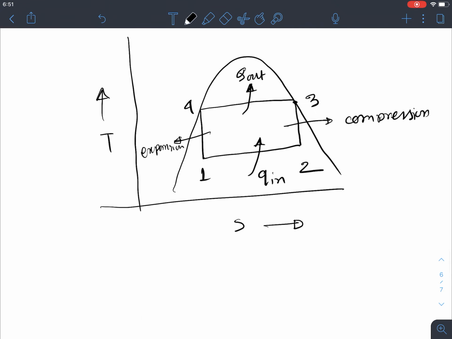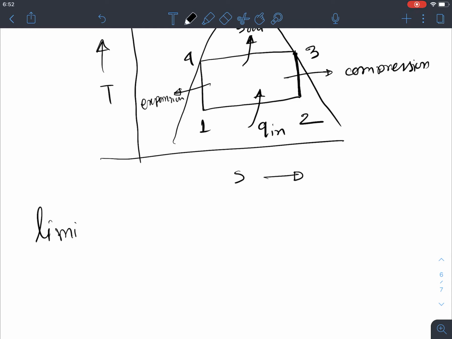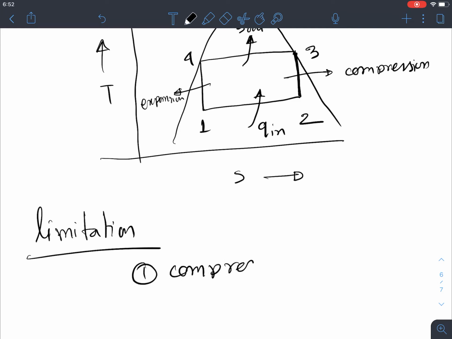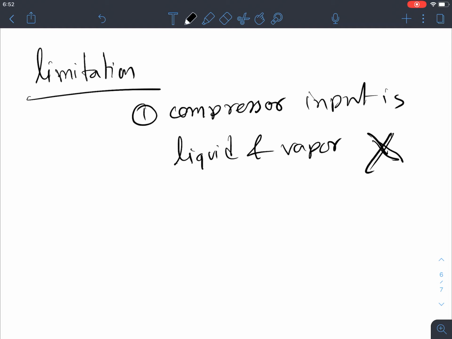So number one limitation is that the compressor input is liquid and vapor, which is not desirable at all, right? I mean, the compressor cannot handle liquid vapor or two-phase fluid.